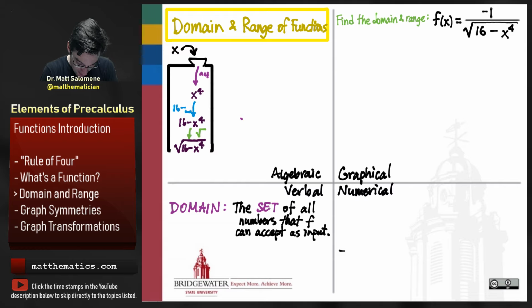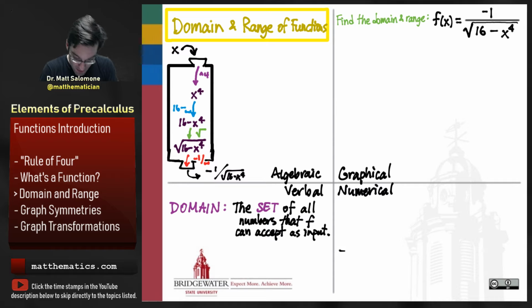And then at our last step, we take minus 1 over blank. Think of that as the opposite reciprocal step in the process. It's at that step that we are finally done with our function. And out the bottom of this function drops the value of f of x, which is minus 1 over the square root of 16 minus x to the fourth.